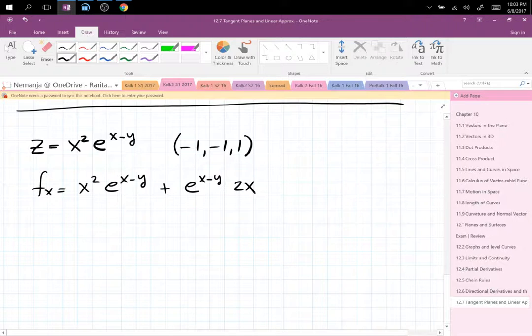And we are supposed to compute this at -1, -1. So both of those exponents would be 0, which gives us 1. So it's 1 minus 1. No, minus 2.